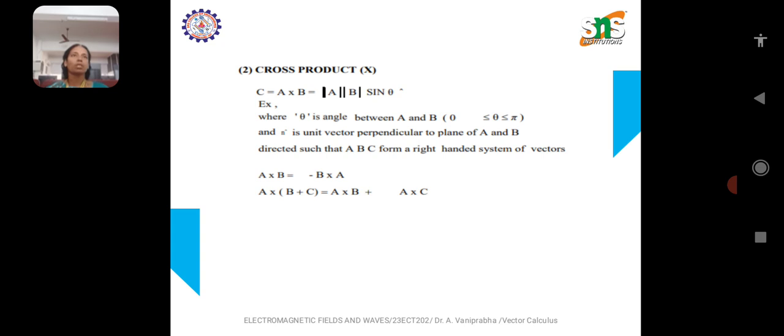Whereas the cross product does not obey the commutative property, A cross B is equal to minus B cross A. And here also A cross B plus C is equal to A cross B plus A cross C.